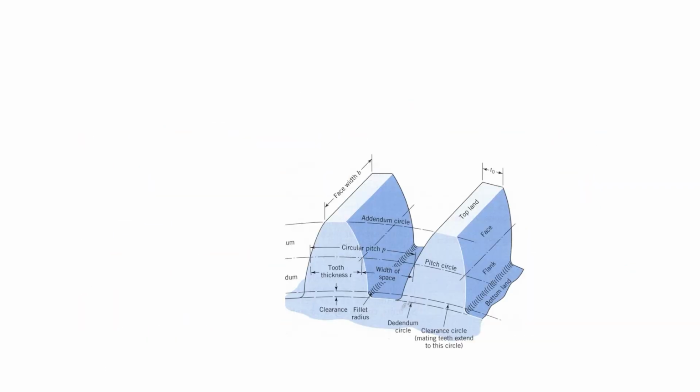In this figure, different nomenclatures of the gear tooth are given, and in that the circular pitch is the distance between 2 consecutive points along the pitch circle. So, this is the pitch circle.